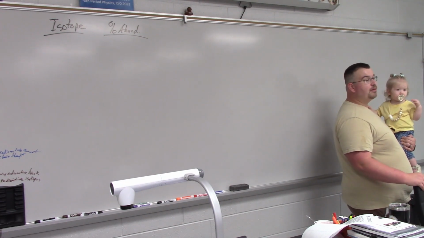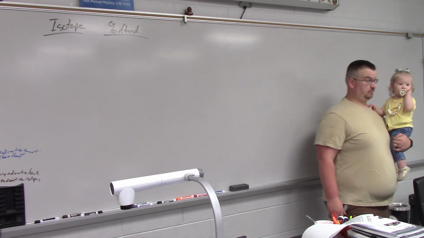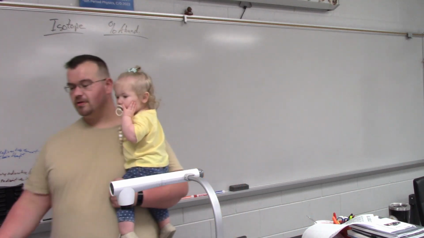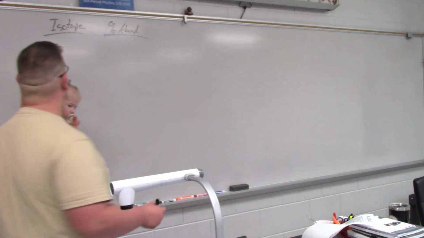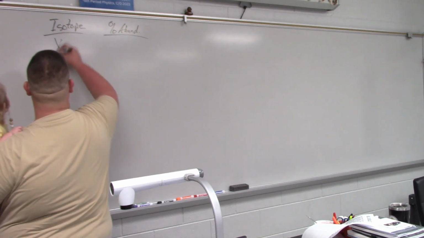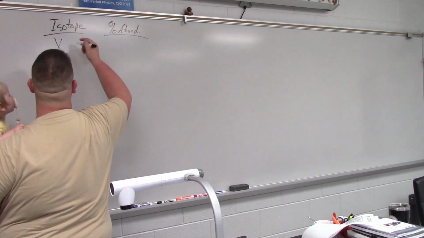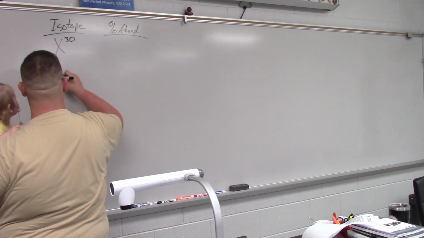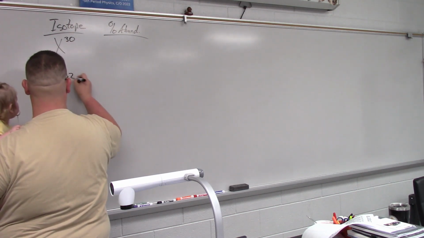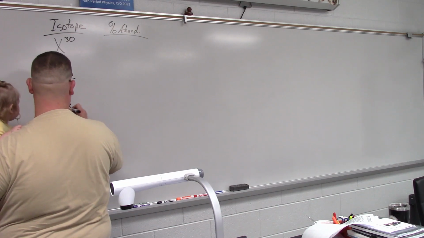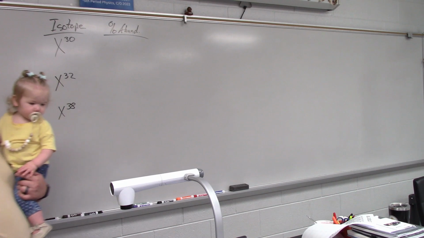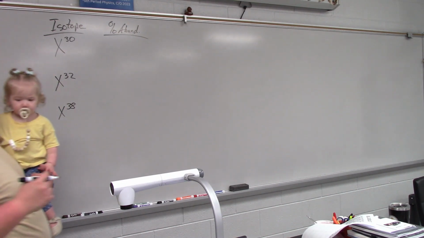I may tell you it's some unknown element, which makes life fun. So I'm going to give you some unknown element, X. X30, X32, X38. So 3 isotopes. And then some percent abundances here.